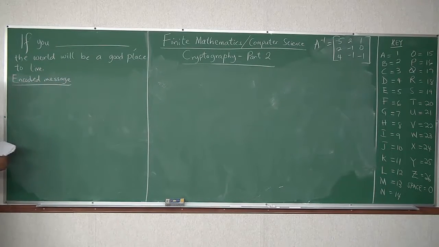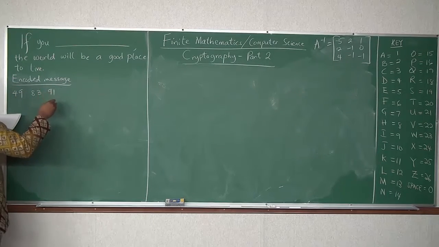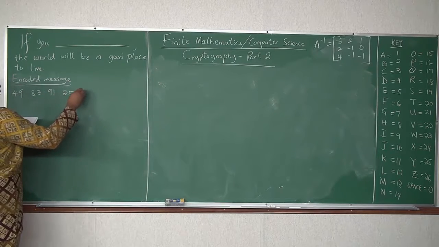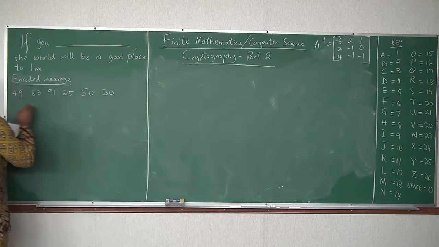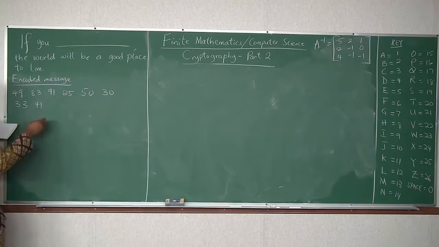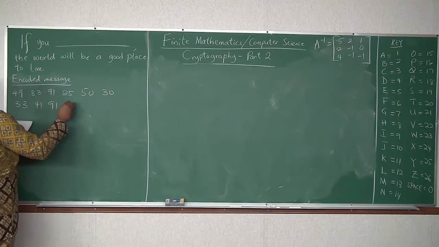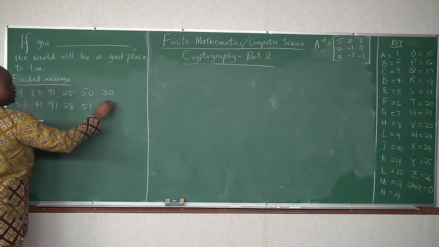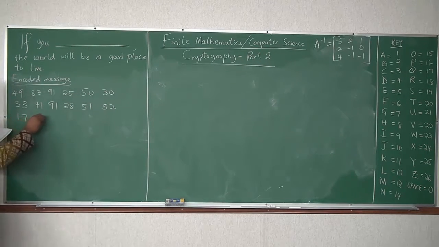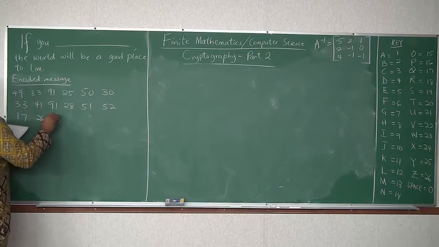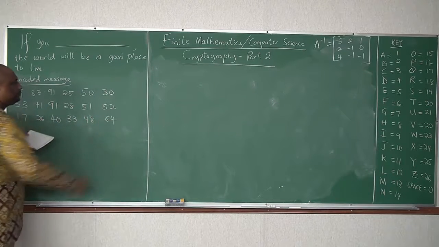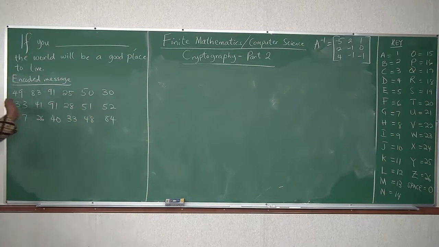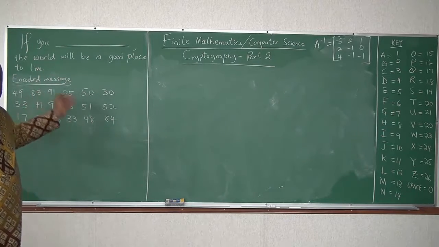The encoded message is this: 49, 83, 91, 25, 50, 1, 2, 3, 4, 5, 30, 33, 41, 91, 28, 51, 52, 17, 26, 40, 33, 48, 84. This is the encoded message we wrote earlier on.